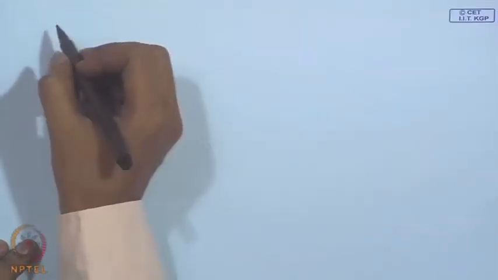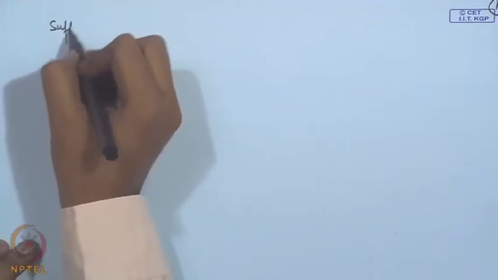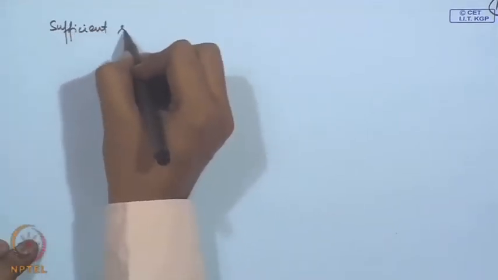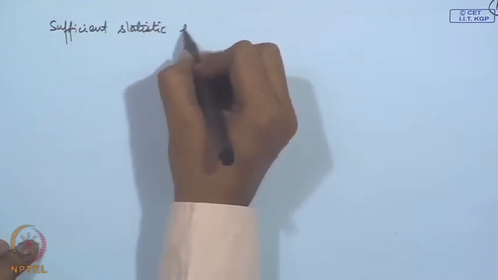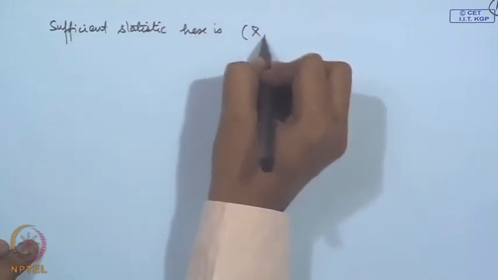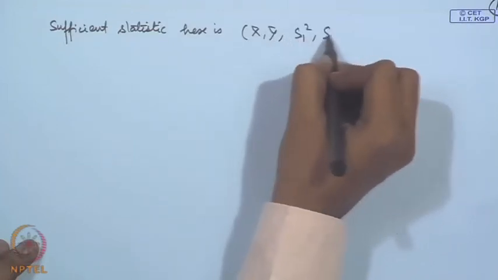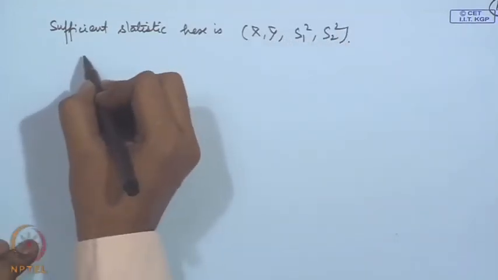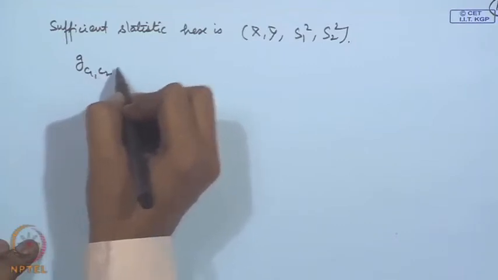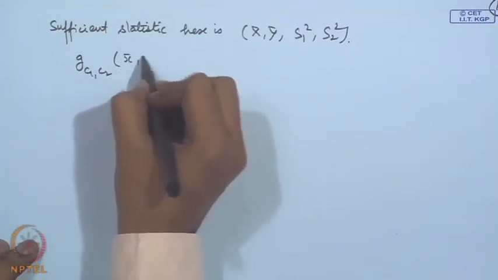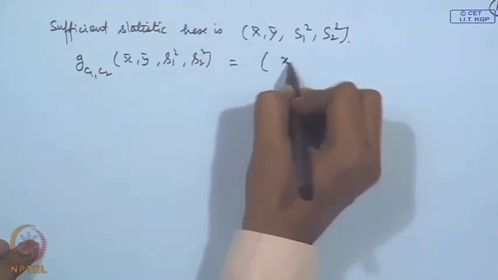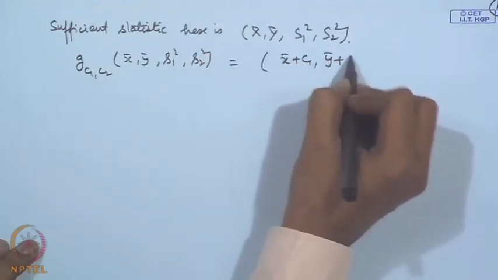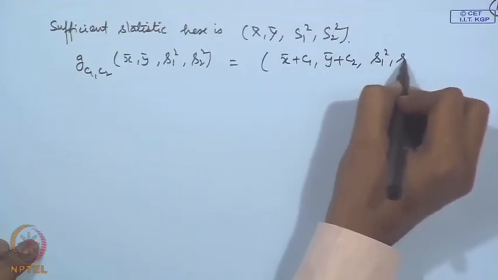Now, the sufficient statistic in this problem is x bar, y bar, S1 square, S2 square, and if I apply this G of C1, C2 on this, I get x bar plus C1, y bar plus C2, S1 square, S2 square.